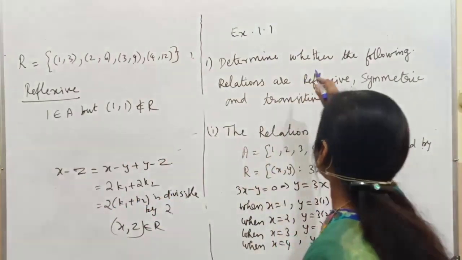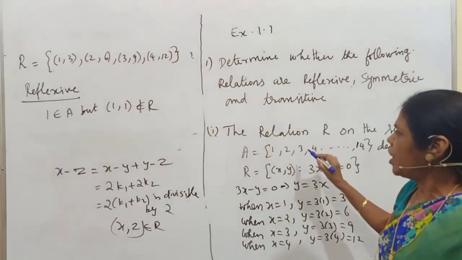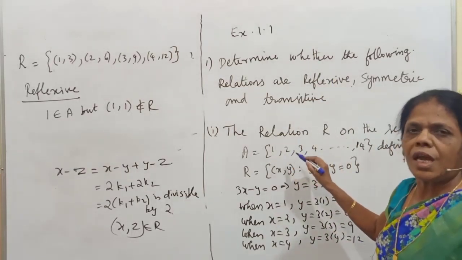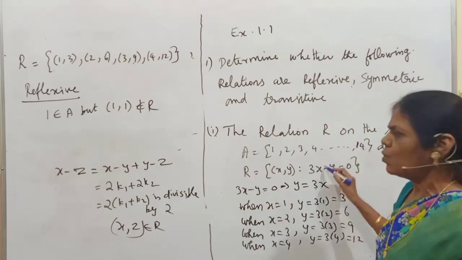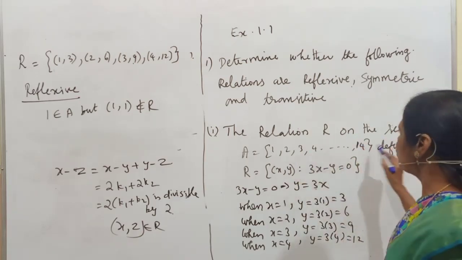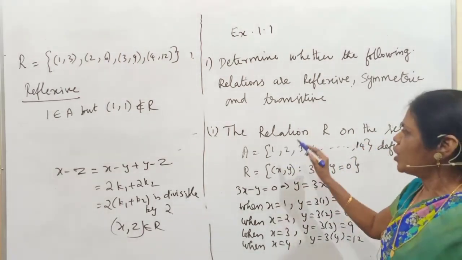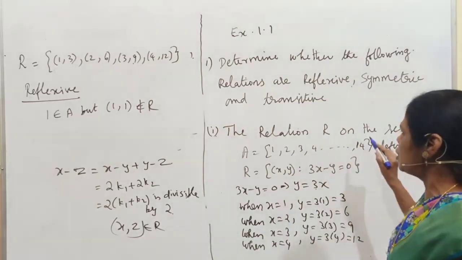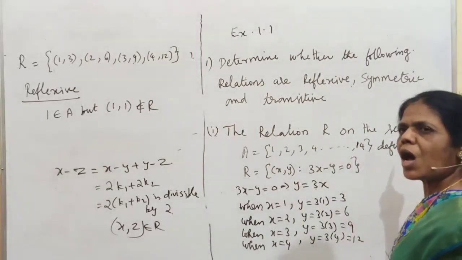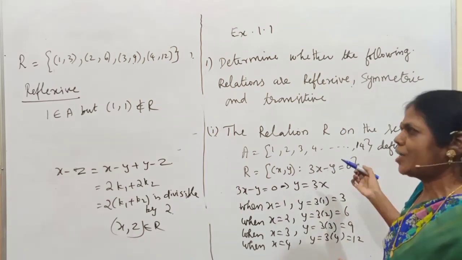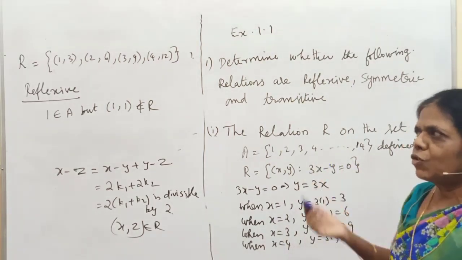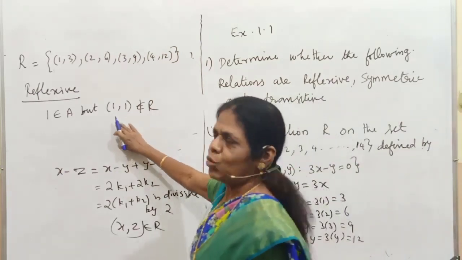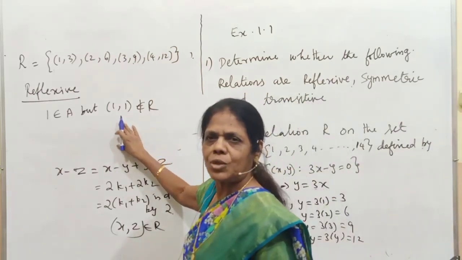For all a belongs to the set A, (a, a) should be belonging to R. If 1, 2, 3, 4 are there, we need (1, 1), (2, 2), (3, 3), (4, 4) up to (14, 14). Then only it is reflexive. Even a single pair is not there. So, just one example to say that it is not true.